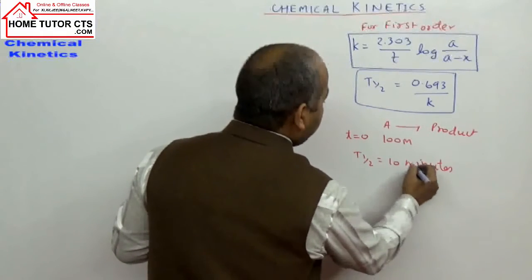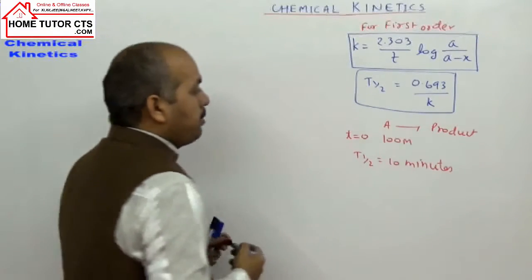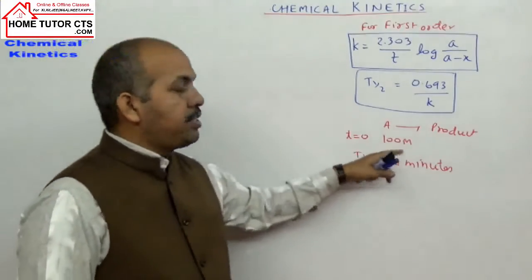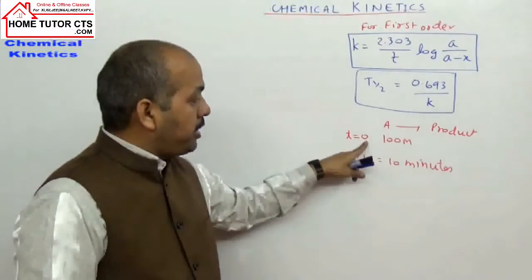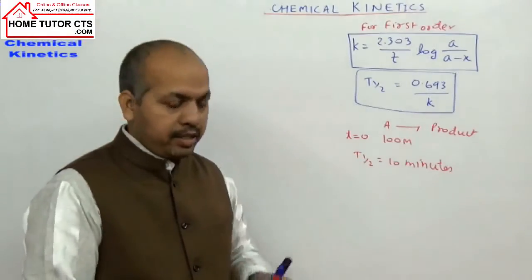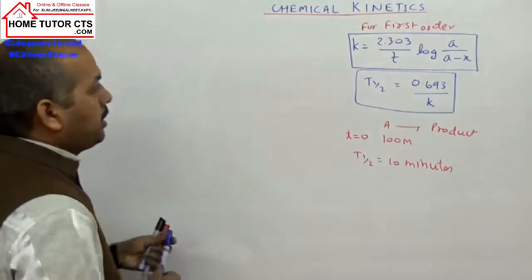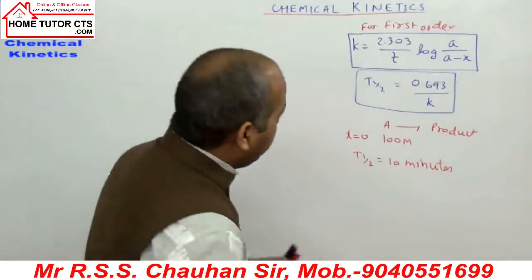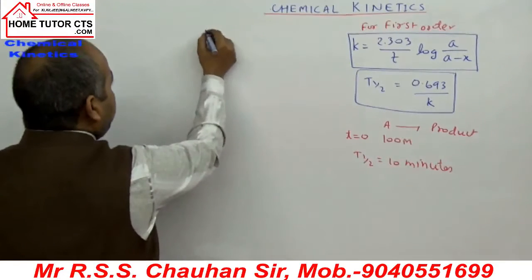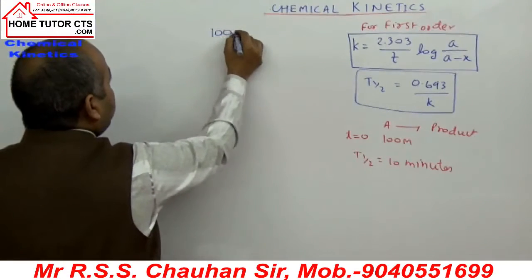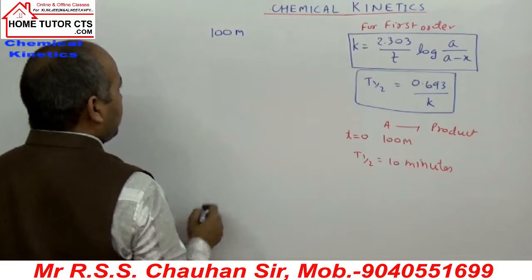So what does it mean that t half is independent of the reactant's initial concentration? Let the initial concentration A0 be 100 moles per liter.